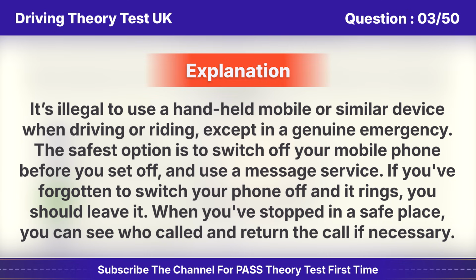It's illegal to use a handheld mobile or similar device when driving or riding, except in a genuine emergency. The safest option is to switch off your mobile phone before you set off, and use a message service. If you've forgotten to switch your phone off and it rings, you should leave it. When you've stopped in a safe place, you can see who called and return the call if necessary.